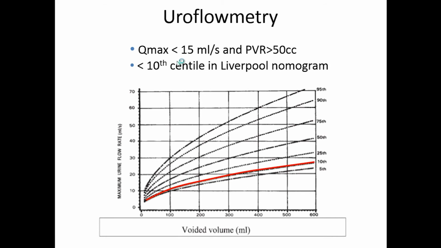Of course, flowmetry is also very important. It's very useful in screening patients for voiding dysfunction. There are usually two ways or two cutoffs when evaluating low flows in women. One is the 10th centile in the Liverpool nomogram. The other is when there is a Qmax lower than 50 mils per second and a post-void residual over 50.